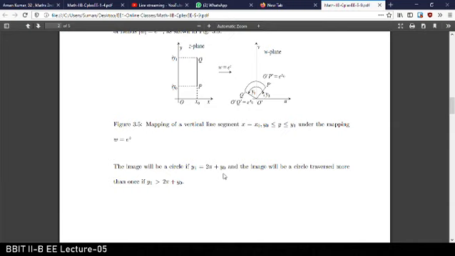If it is more than 2 pi, the circle will be traversed more than once. If it is less than 2 pi, then only a part of the arc of the circle will be created.